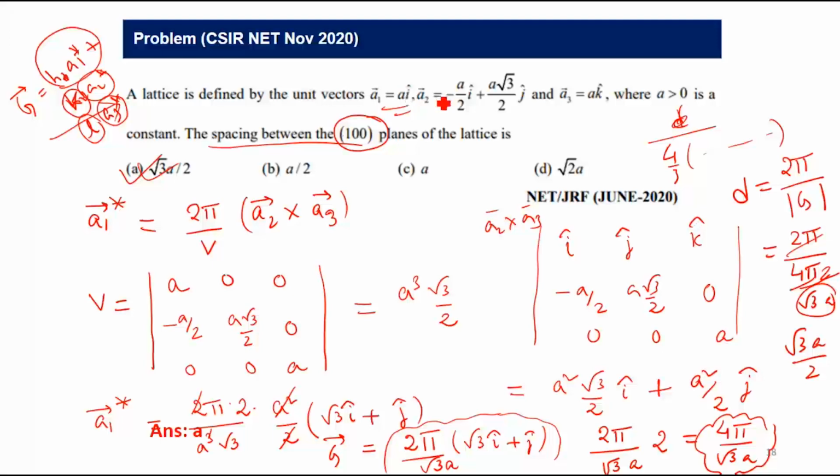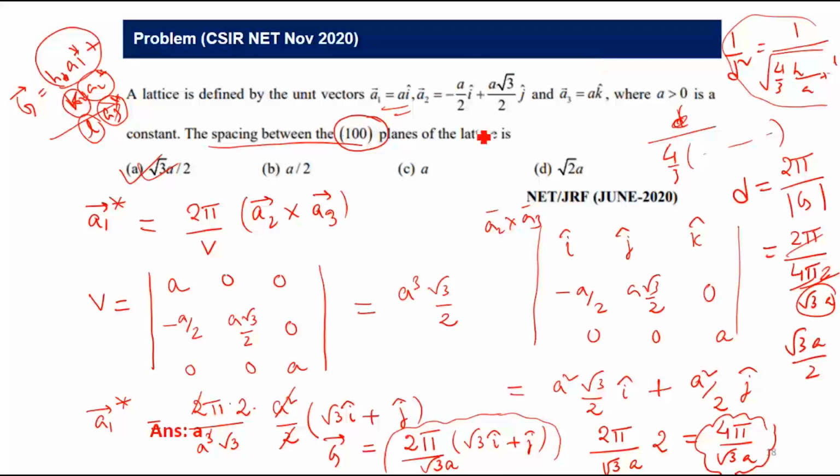Initially, we did this question using the formula for interplanar spacing in real space, where the formula looks like 1 by d square is equal to 4 by 3 times h square plus k square plus hk divided by a square, plus l square by c square. For that, we had to calculate the magnitudes of a, b, c and the angles alpha, beta, gamma, and so on.